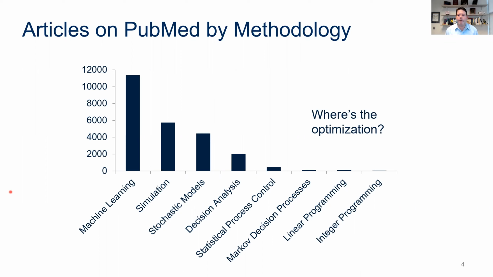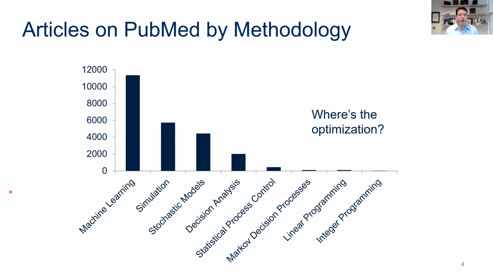Things like simulation, stochastic models, decision analysis, they get used quite commonly in many different contexts. And I think that's exciting for people that are working in this area. There's also, and I'm going to pick on optimization here a little bit, very little done with optimization in the medical literature.